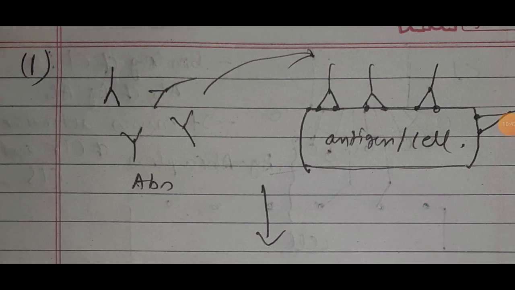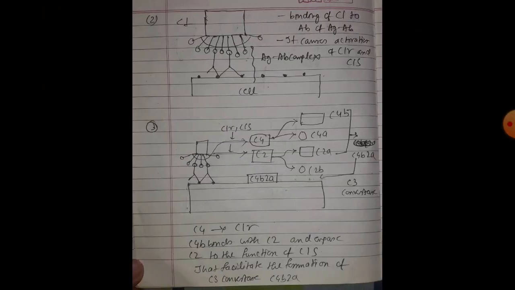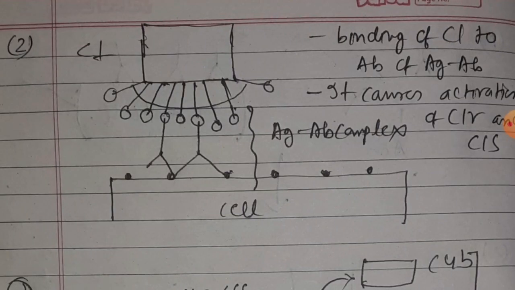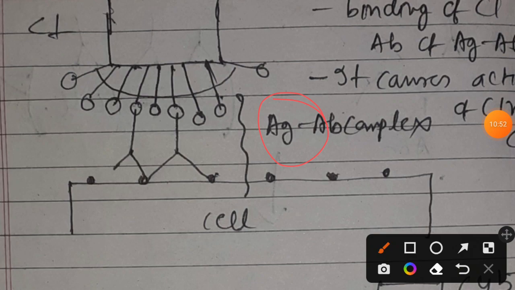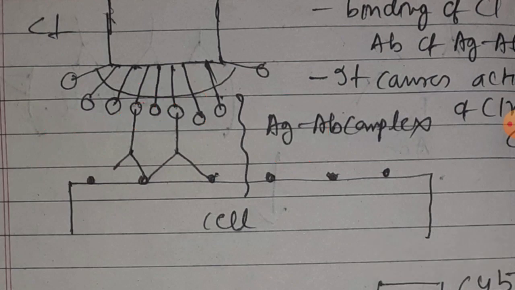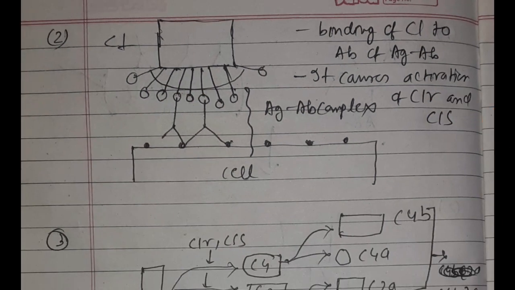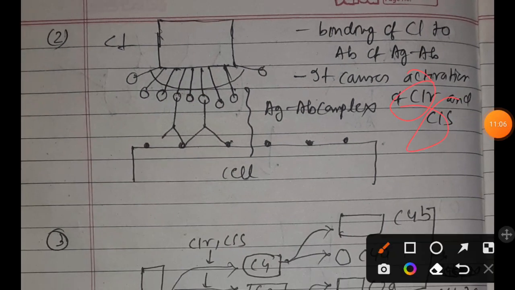Now once the antigen antibody complex is formed, the Fc portion of that complex will interact with the heads of the C1q. As you can see, they are interacting. This interaction will activate C1r and C1s, and I have told you C1r and C1s are serine proteases.